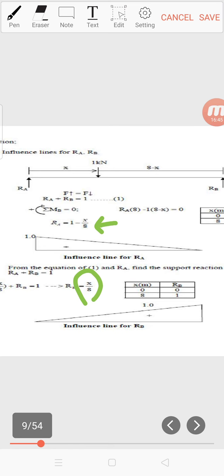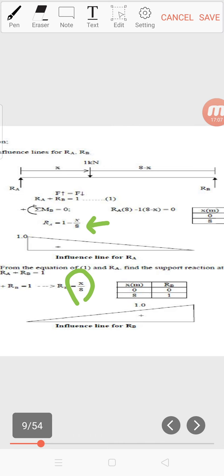For RA, the maximum is 1. The 0 is at B. Of course, it is like that, yeah? Reaction at A. So the maximum is at A. And it decreases. The effect of the reaction at A decreases until it has no effect at support B. Okay.